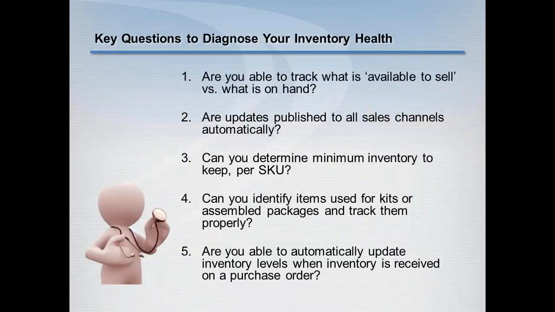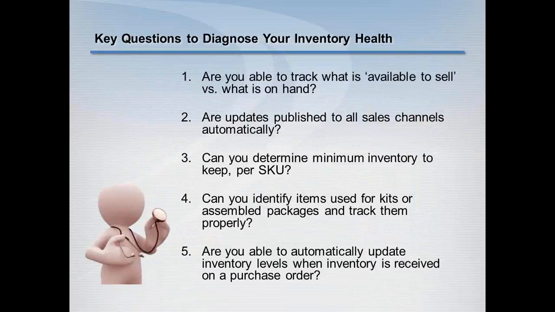So rather than waiting till you hit absolute 0 to get warned that you need to reorder, you may want to set a low level on a product to say, 15 or 20 units, or whatever you feel that you need to have in stock at all times in order to allow for your lead time. So can you do this? And also, if you can set these low levels, are there any kind of alerts in place to alert you that you're approaching or at that low level so that you know when to reorder?